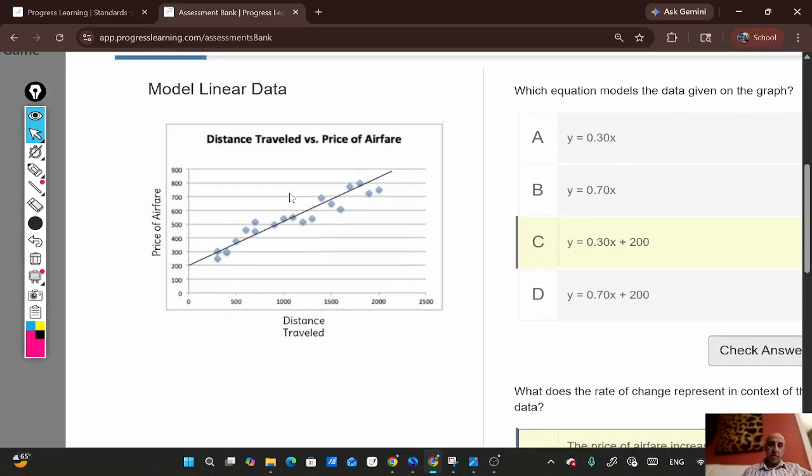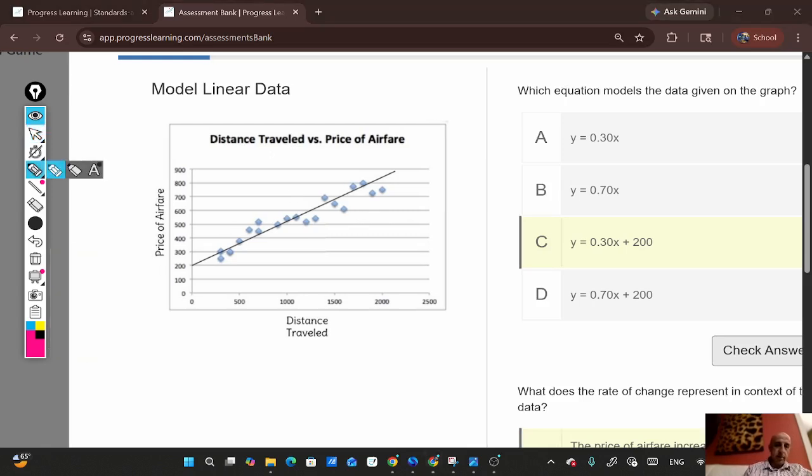If we look at the graph, we see that the x is going to this side, increasing. So each time the x is increasing, look at the y. If the x is 0, the y is 200. If x increases to 500, we can see that the y also increases.